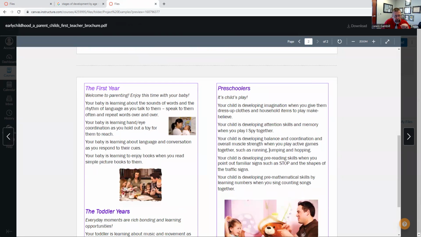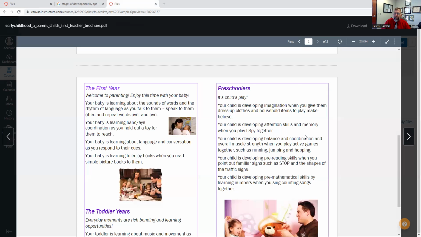So, for example, the first year, your baby is learning about language and conversation as you respond to their cues. So how are the parents teaching the child responding to their cues? Your child is developing attention skills and memory. Well, how does that happen? Oh, well, you play a game of I Spy together. This is the developmental area, the development of attention skills and memory.